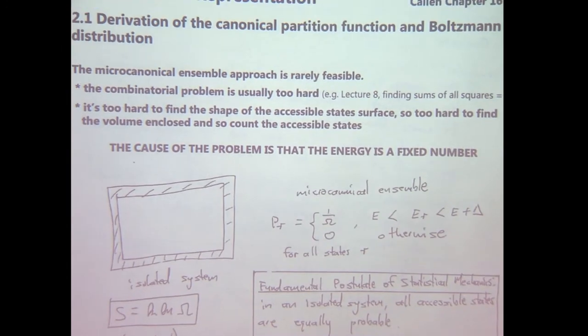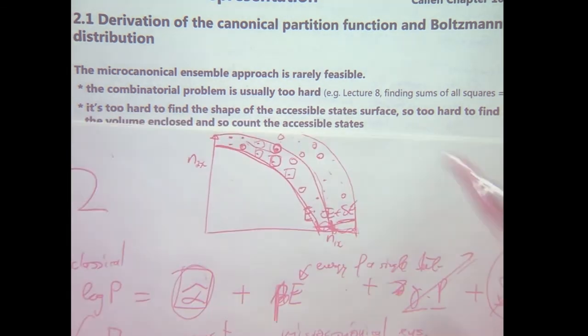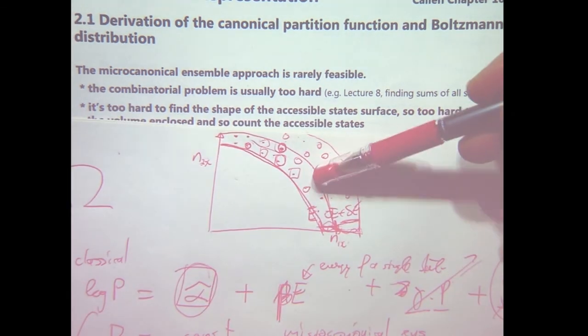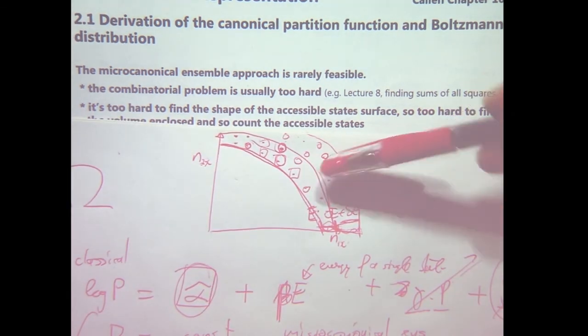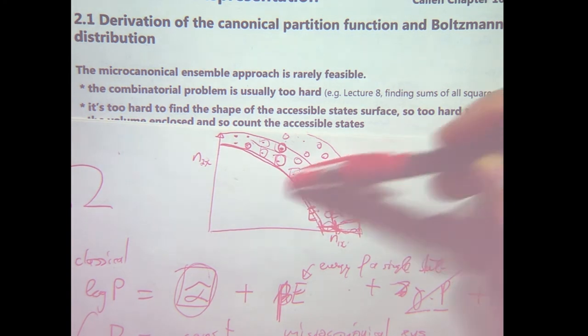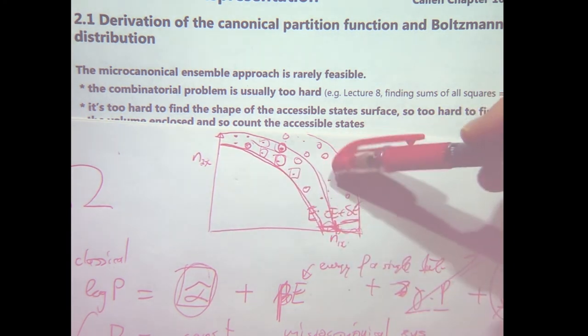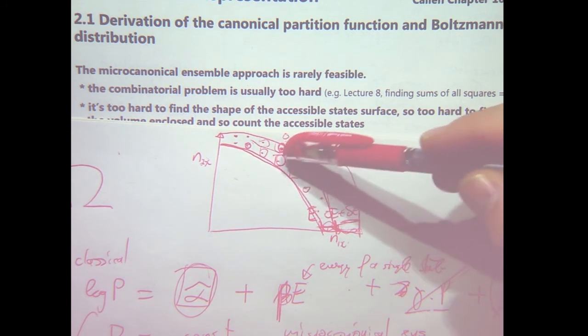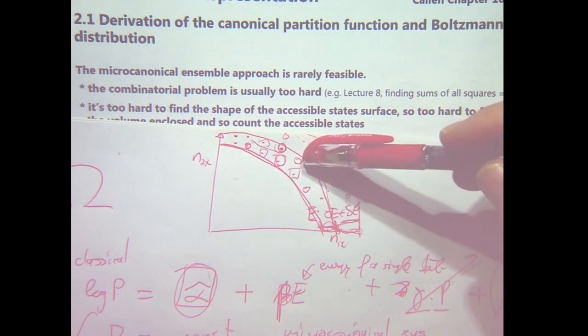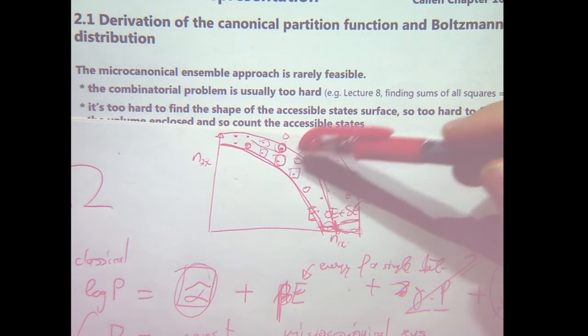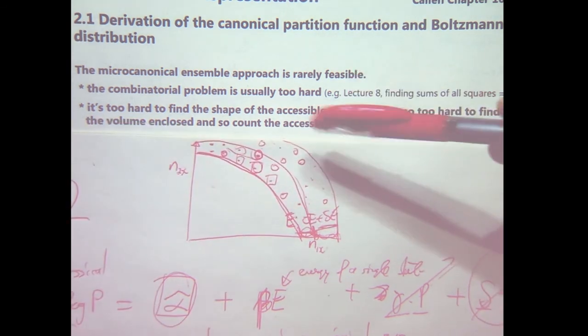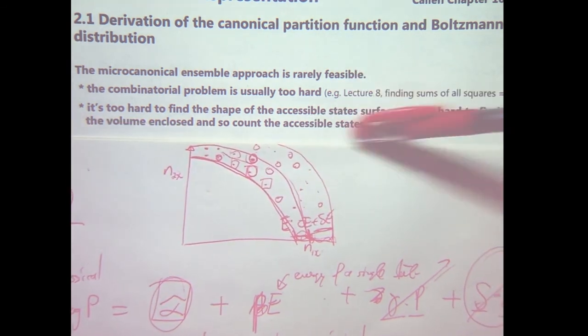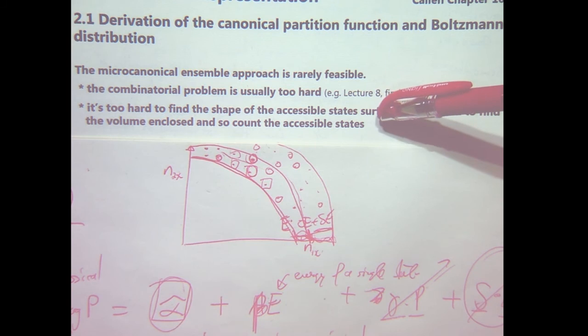But the basic problem is that the energy is a fixed number. What if we could just have any energy? Well, then we would still need to count some kinds of gaps. That's true. But at least we don't need to worry about the boundary of the accessible surface.